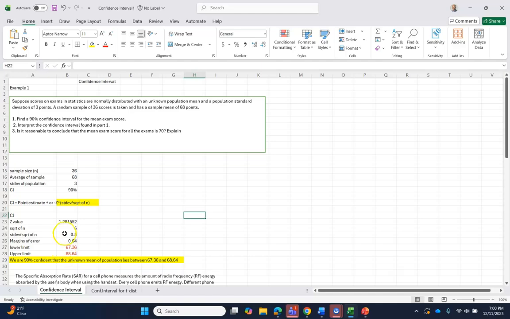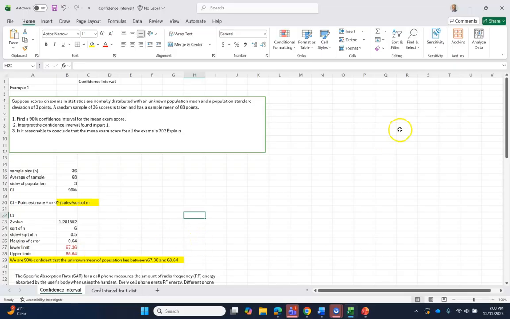And we know that with this point estimate, the average of the population should be between 67.36 and 68.64. So the lower and the upper boundary provide the area where the average of the population can be.